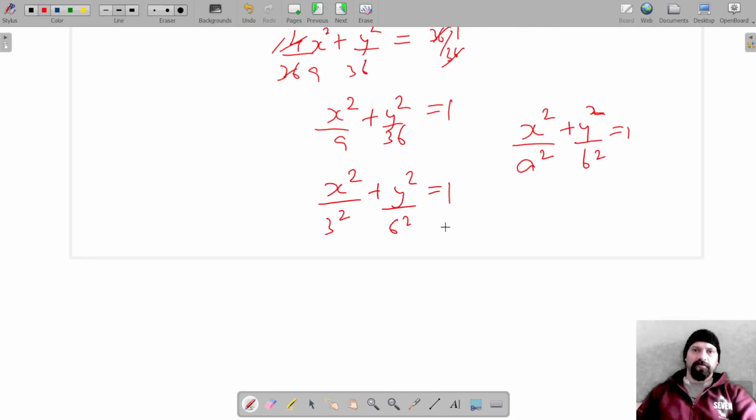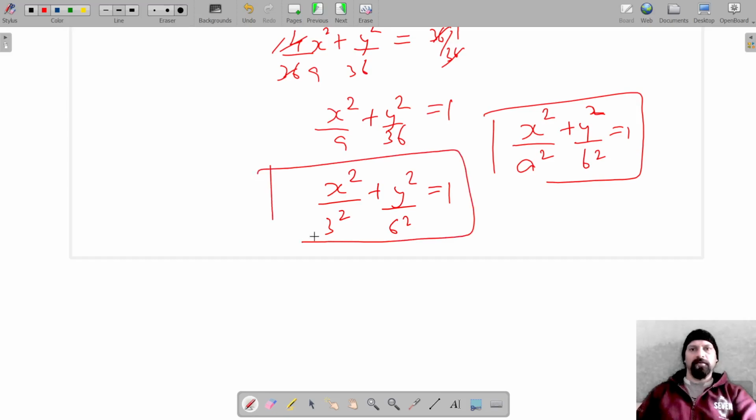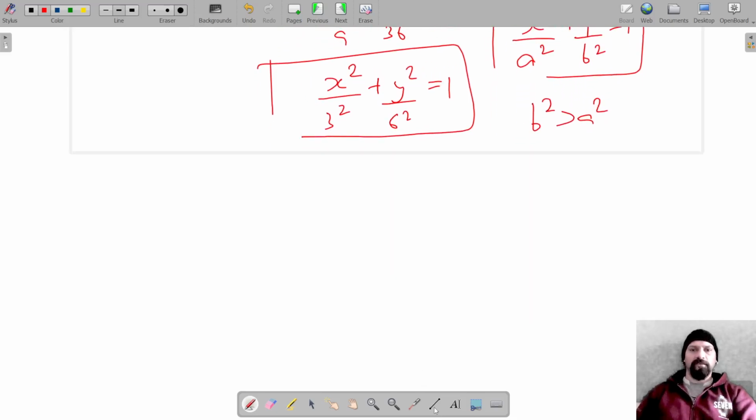And if we compare this equation with the standard equation of the ellipse, here b square is greater than a square. So that means the ellipse has its major axis on the y-axis.